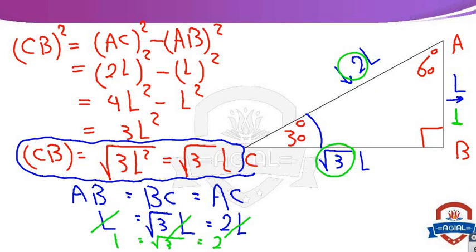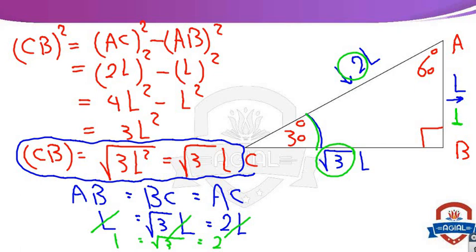Okay? Then sine 30 equals what? Sine 30 is the ratio of opposite over hypotenuse. Then sine 30 equals 1 over 2. Cosine 30 equals adjacent over hypotenuse, square root of 3 over 2.